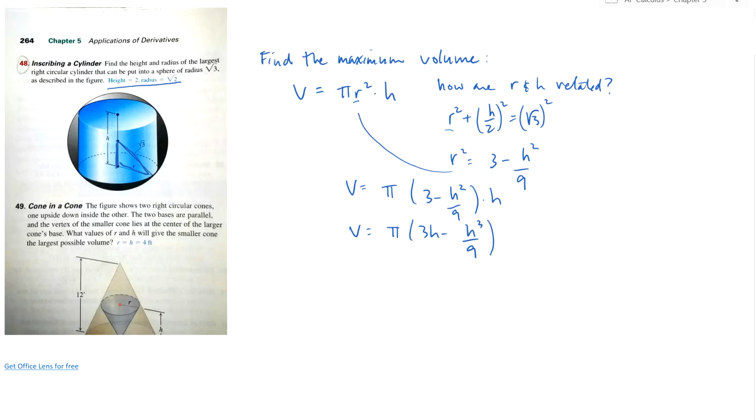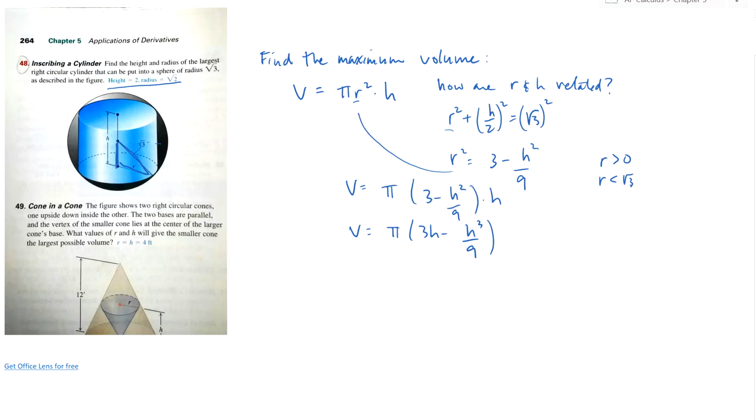And I do want to keep in mind what's my maximum and minimum r. I've got some restrictions here. I know r has to be bigger than 0, of course. And I know that the largest r could be is actually the square root of 3, the actual radius. So r has to be bigger than 0 and less than the square root of 3.